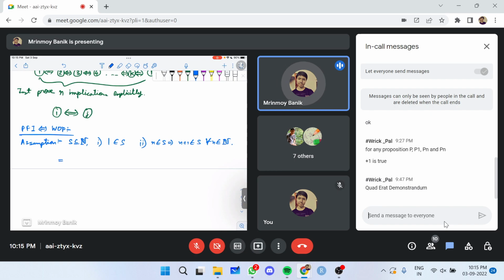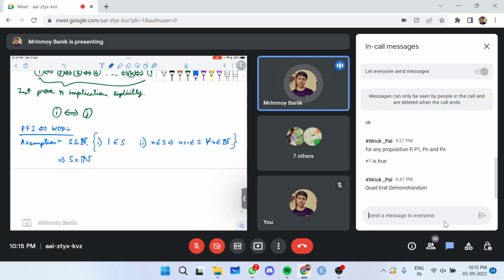And this whole thing implies S is equal to N. So we know this. This is our assumption. Now let's try to prove WOP.